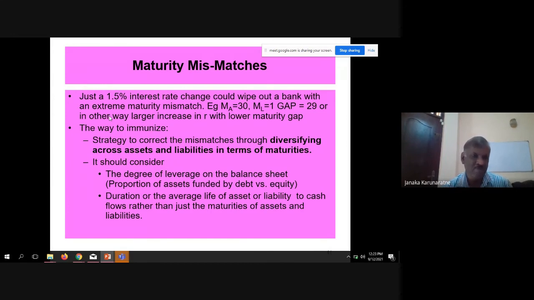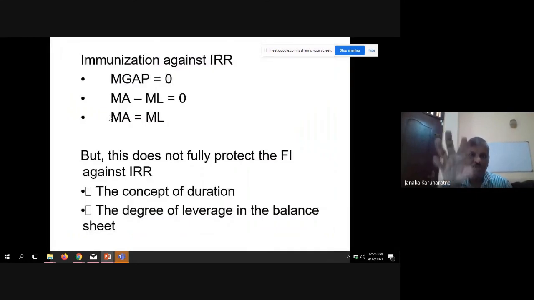But there are two problems here. We need to look at the degree of leverage, which is not captured here, and also duration, which is not captured, right? So the immunization technique is to try to maintain your balance sheet.